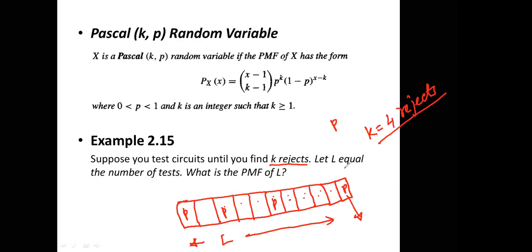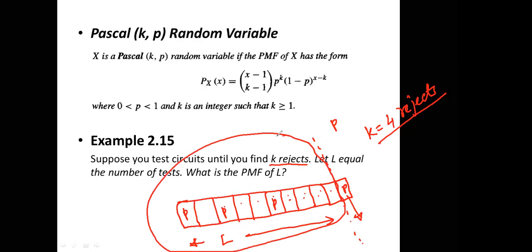So if I ignore the last one, out of these L minus 1 tests, I will have K minus 1 rejects. Can I say that?